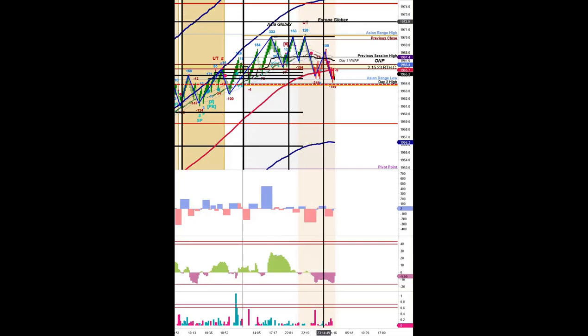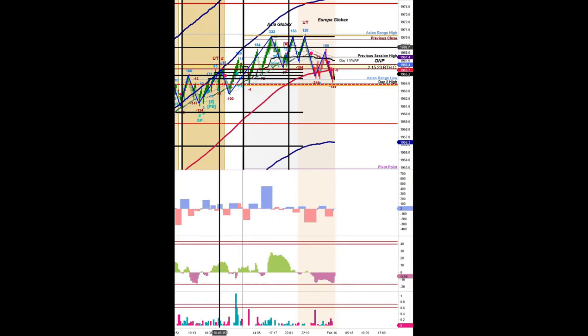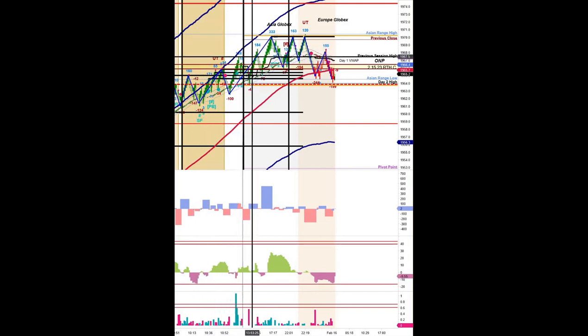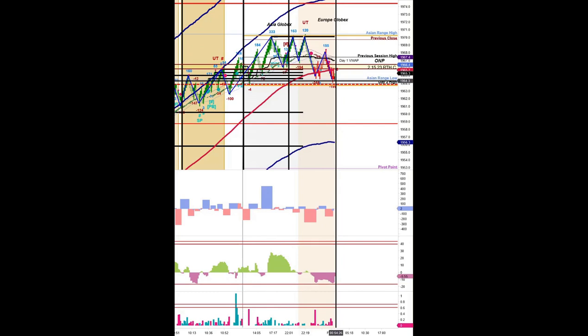You've got Europe Globex, Asia Globex, and over here we had the close of the RTH for the 15th. So here we are on the 16th, and you can see we just had this massive Keltner ride up there on the upper blue, and then that ended, but price was still going up. And here we are right now.